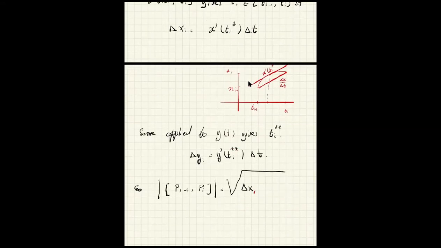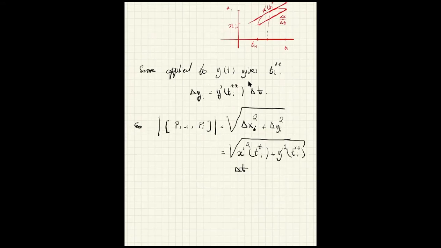So this is delta x_i squared plus delta y_i squared. Now we have an estimate for this. Because these delta t's are the same, because this is our independent variable t, now they're the same on both of them. Now you can take it out, and then it's x prime squared evaluated at the point t_i star plus y prime squared at t_i star star, times delta t, right?